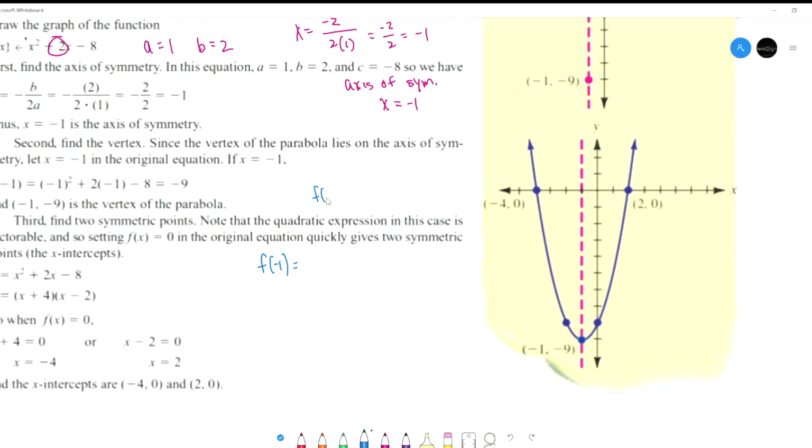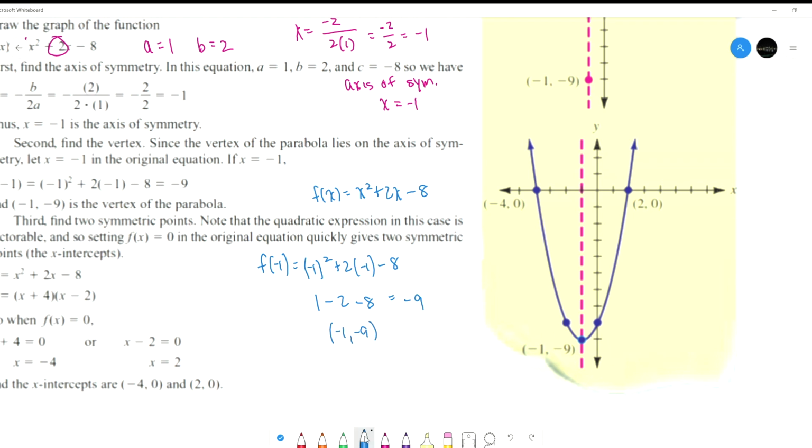Let me write the function here so you could see it. x squared plus 2x minus 8. So I'm going to substitute negative 1. So negative 1 squared plus 2 times negative 1 minus 8. So this is positive 1 minus 2 minus 8 gives us negative 9. So the vertex, the coordinates are negative 1, negative 9.